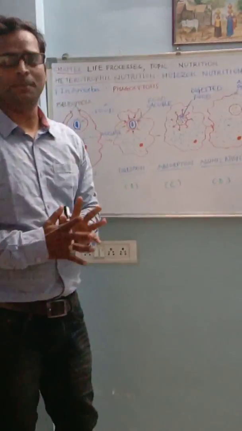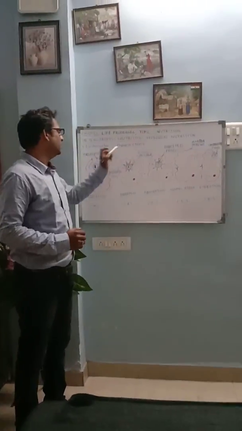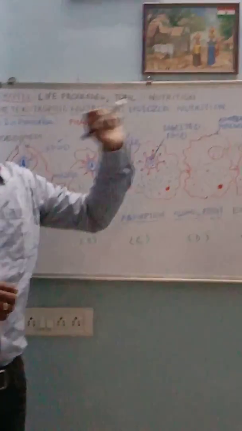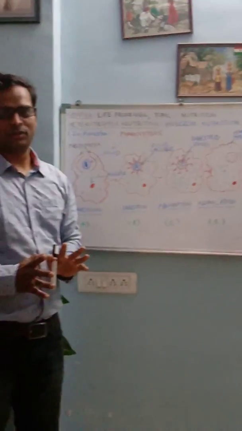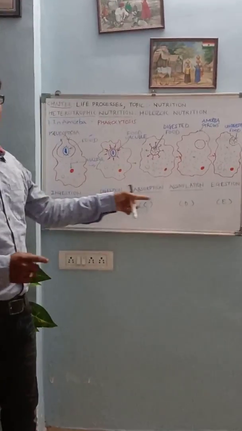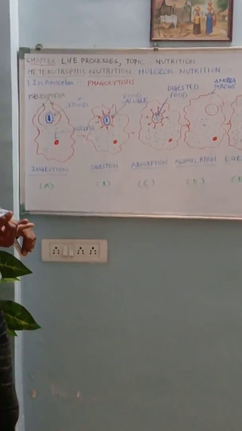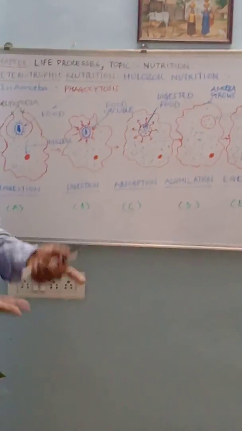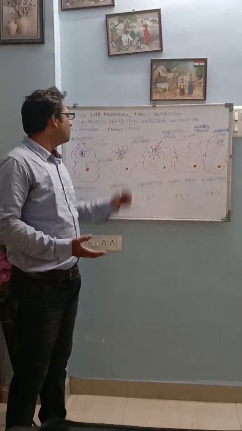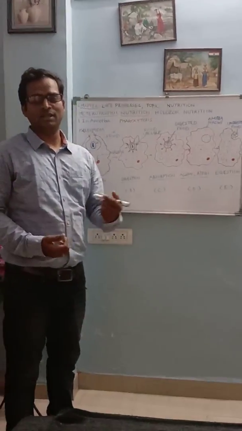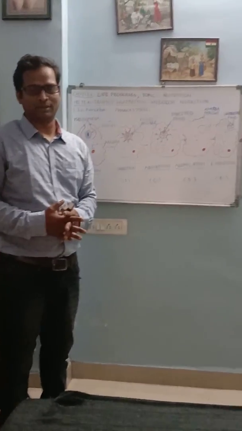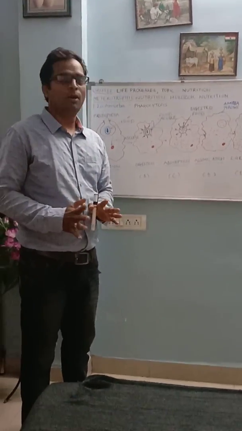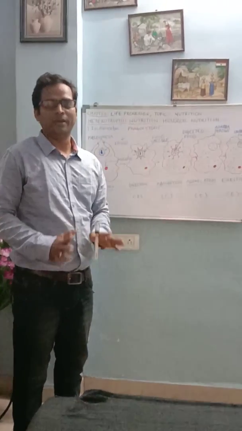And these are the 5 steps which are involved in Holozoic mode of nutrition. So always remember the sequence of this nutrition: ingestion, digestion, absorption, assimilation, and egestion. So after this same nutrition or same process we are going to learn in our case, the human beings. So that was all about nutrition in amoeba. I hope everybody has understood.